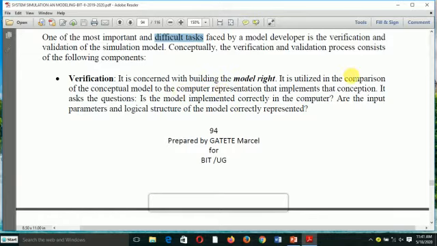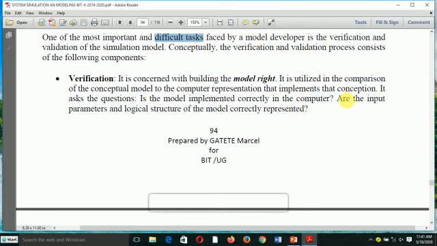So you compare what is on the sheets of paper and what is inside your computer, which implements that conception. You will ask yourself questions like this: is the model implemented correctly in the computer? Does what is inside the computer really reflect what is on your sheets of paper?